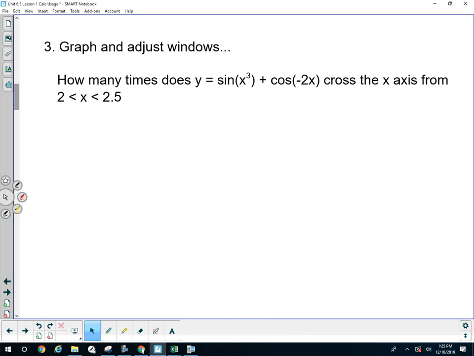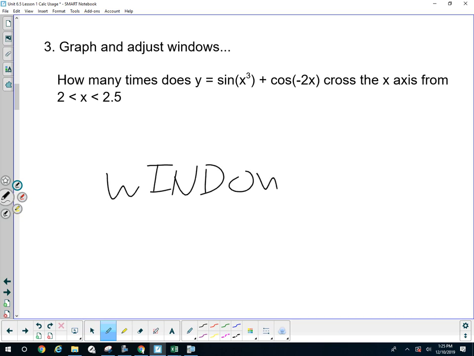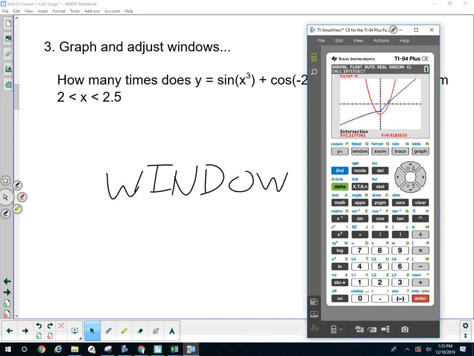The question here is how many times does this graph cross the x-axis? This is not really a calculus question. This is more of a calculator question. Let's just make sure we are comfortable with adjusting our window. All right, so in y equals, you can graph sine of x cubed plus cosine of -2x.